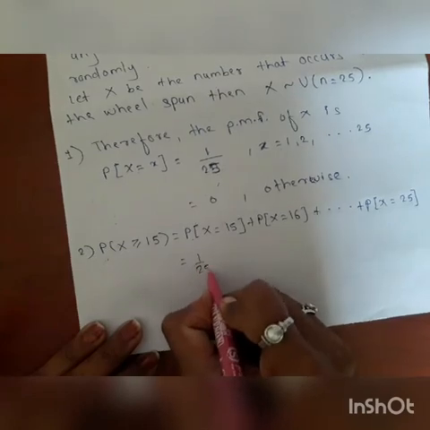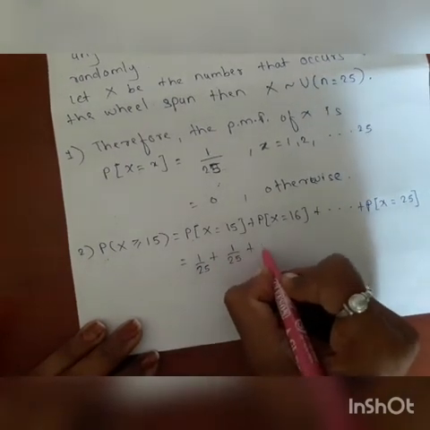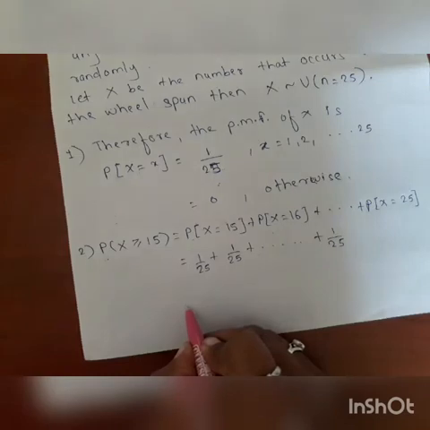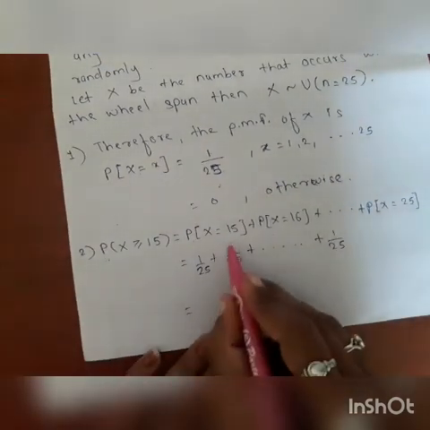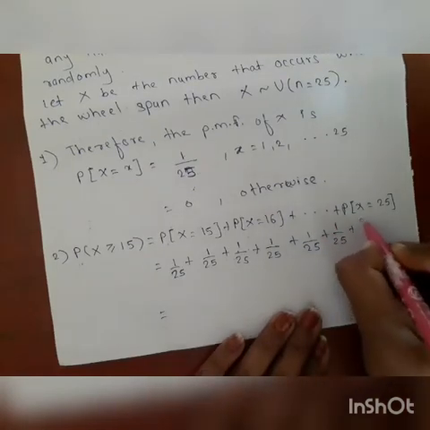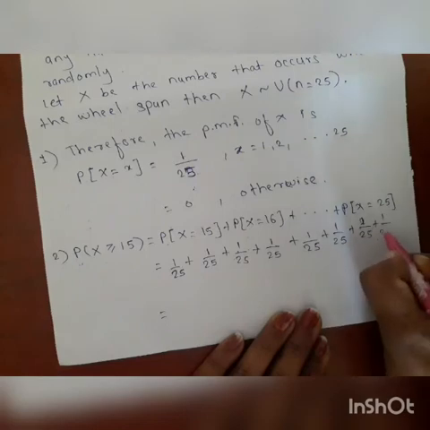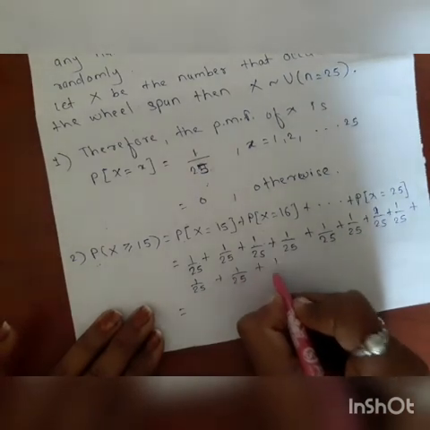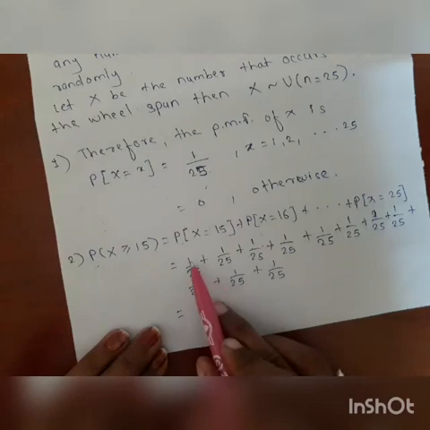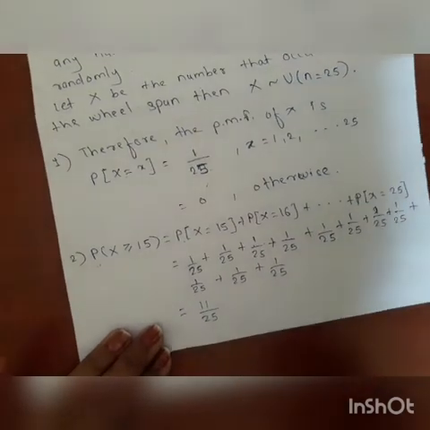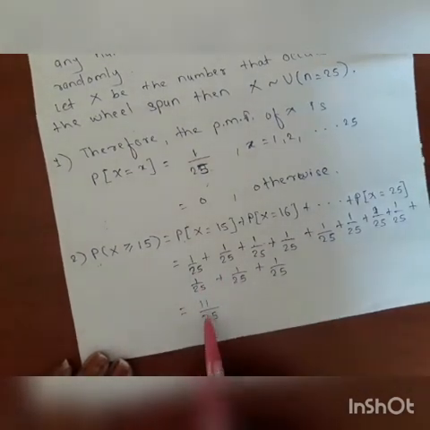So 1 by 25 plus 1 by 25 plus, and so on, up to plus 1 by 25, for 15, 16, 17, 18, 19, 20, and so on. Adding all these, there are 11 terms, so 11 by 25. So P of X greater than or equal to 15 is 11 by 25.